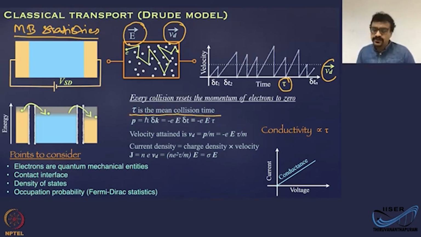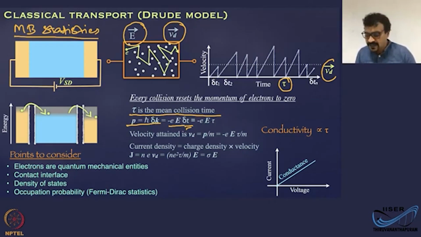Now you can build on to this framework, and you can say that the momentum is basically h bar into delta k, but delta k is nothing but the wave vector that has been accumulated after one collision. That depends upon the force into that delta t, that is the time after the collision.